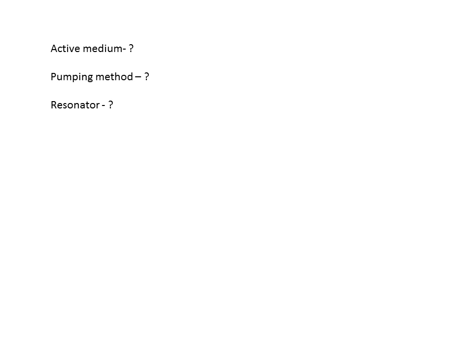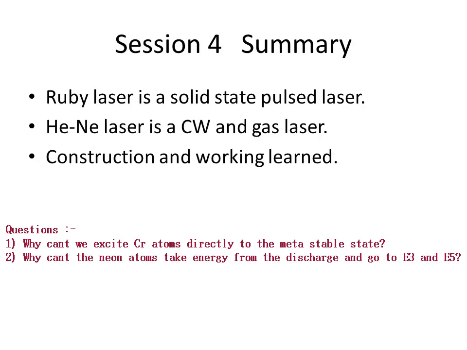Whenever you want to explain, you explain all these things and the energy level diagrams also. So to sum up, we have seen the construction and working of a ruby laser and helium neon laser.